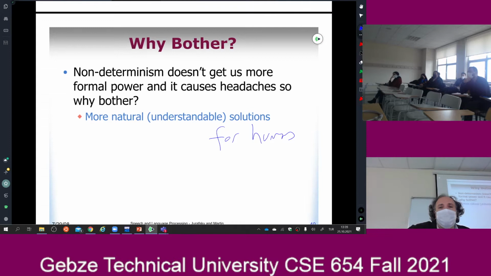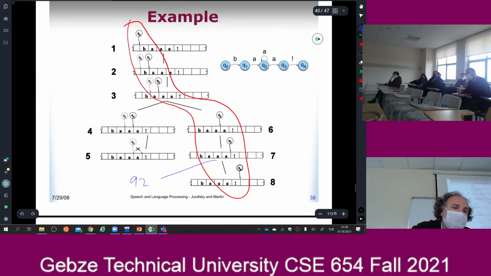And as we said before, non-determinism doesn't give us more formal power. The languages that you can express with deterministic and non-deterministic finite state automata are the same. So why do we bother with making a search and that kind of stuff? Because writing these kinds of finite state automata rules is easier for humans.